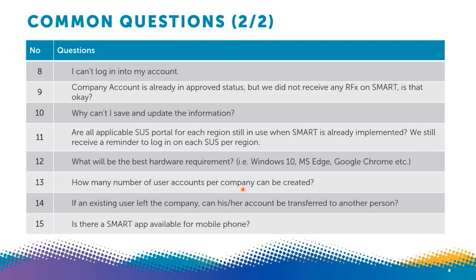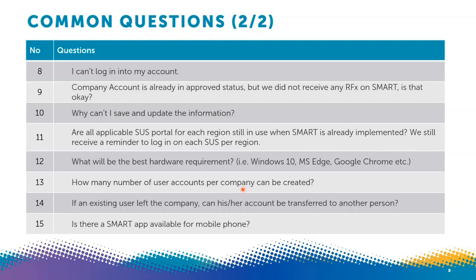And let's say you have your finance to create any invoice, then you can also create them a user account, right? So if let's say they are from HR, they are not related to transactions with Petronas, then maybe you don't have to create their user account in Smart. Reason being, once they have a Smart user account, they may receive a wrong notification that is not meant for them.